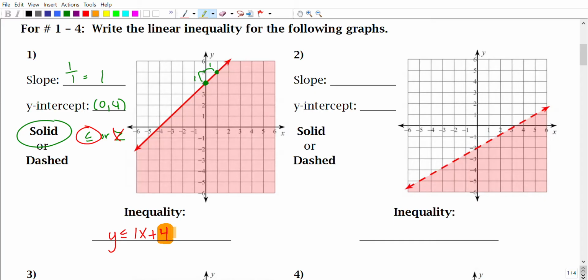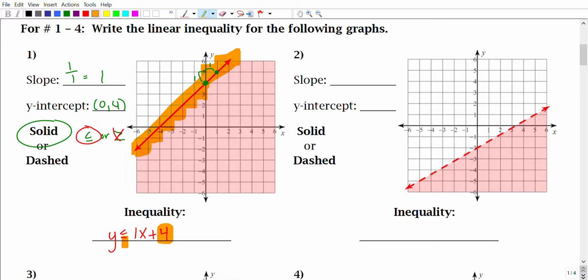So again, y-intercept of 4 right here, slope of 1, so up 1 right 1, or down 1 left 1, down 1 left 1. So it seems to be matching perfectly. So that is the correct line.